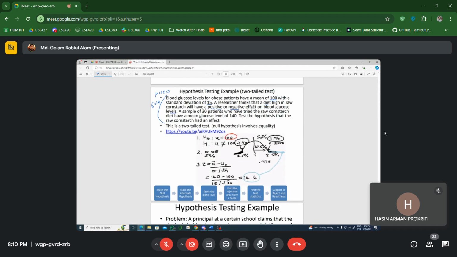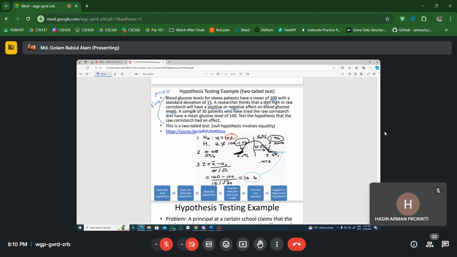So it has a positive or negative effect on blood glucose levels. Now this is just a thought, a hypothesis, but we need to prove whether the idea of that researcher is correct or not.